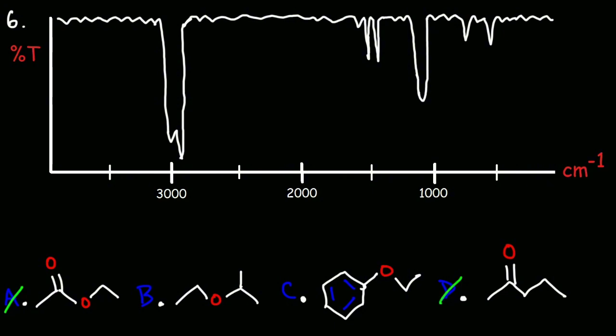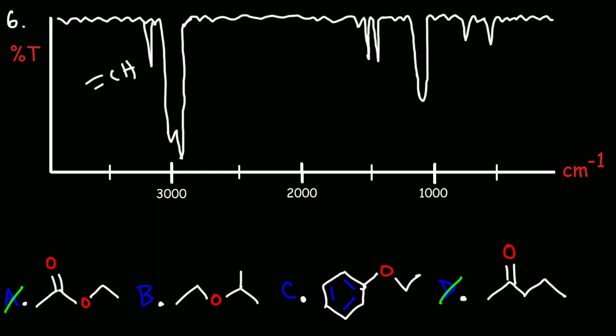Now, looking at answer choice B and C, we have two ethers and a benzene ring. Automatically, we don't have the signal at 1600, which would give us the benzene ring, nor do we have the signal at 3100, which will give us the CH stretch of the hydrogen attached directly to the benzene ring.